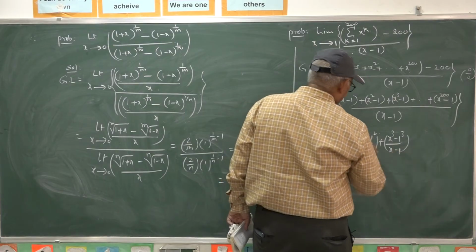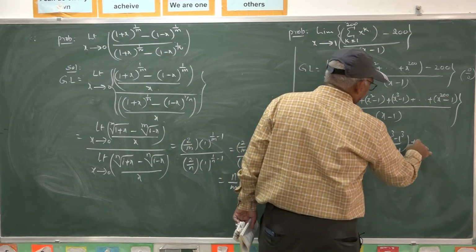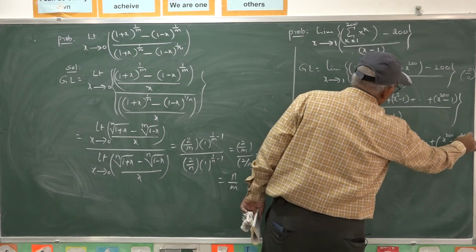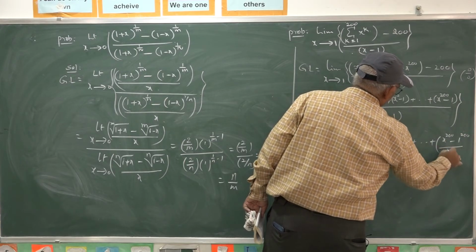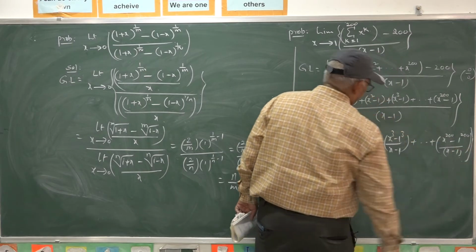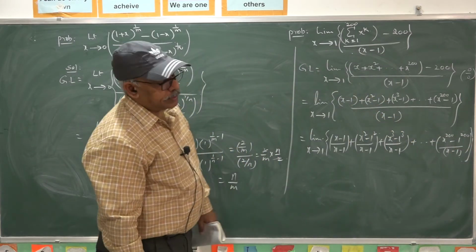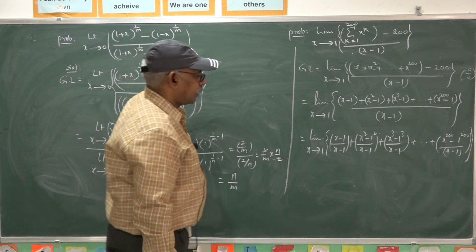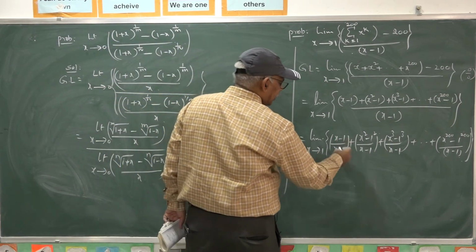Like that, you can write each and every term. x power 200 may be expressed as 1 power 200 by x minus 1. Dividing each and every term with denominator, we get this. Now, clearly, this is 1.